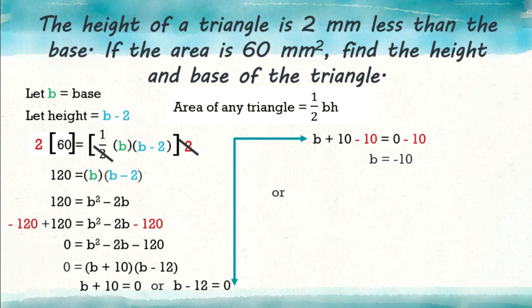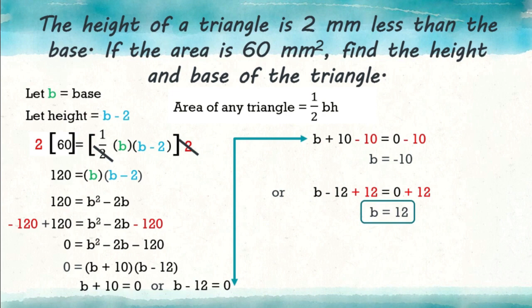Another factor, we have b minus 12. Opposite of negative 12 is positive 12. So we will have b minus 12 plus 12 equals 0 plus 12. Simplify, so we will have b equals 12. We will only accept positive 12.